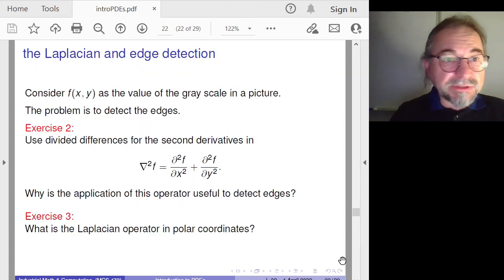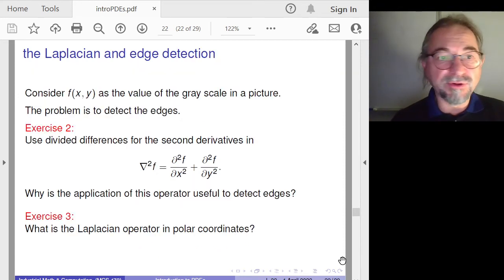Okay, so Laplacian operators are also useful if you look at the problem of edge detection. We got at this by the convolution, but actually there is a much simpler way to do this if you look at the divided differences.